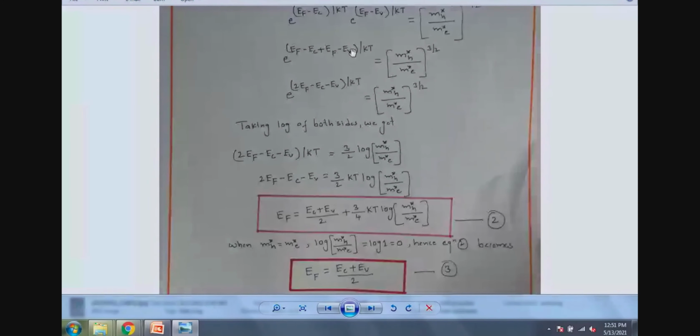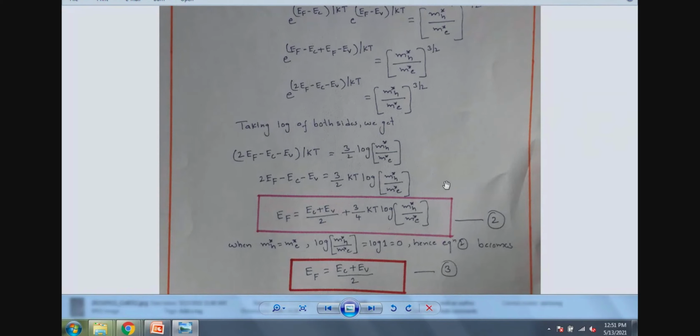So taking log on both sides, okay, taking log on both sides, what do you get? 2Ef minus Ec minus Ev by kT is equal to 3 by 2 log of mh by me. Okay, now on further simplification, you bring this kT to the RHS side. So you got the expression here.